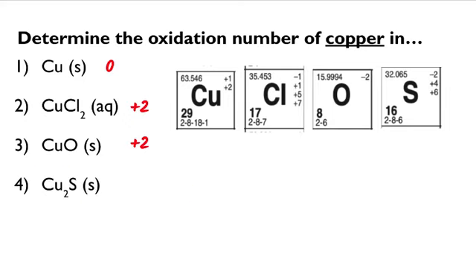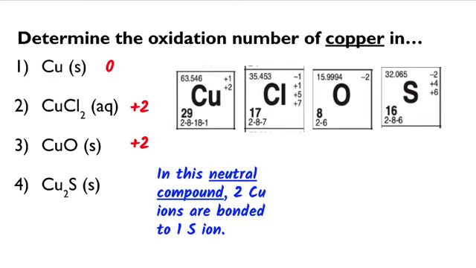Now let's look at copper sulfide, Cu2S. I've got 2 copper ions bonded to one S ion. For this S ion to be negative, there's only one option for a negatively charged sulfur ion, and that would be -2. I've got 2 coppers bonded to one sulfide, so in order for the net charge to be 0, each of my 2 coppers must have a charge of +1.